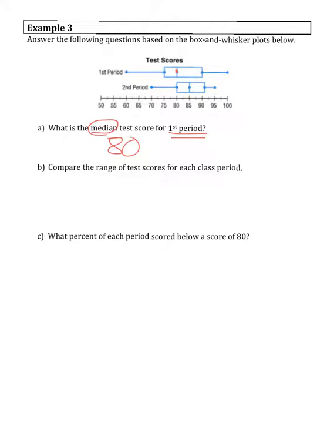Compare the range for each class period. All right, so how do you find the range? Remember, range is maximum minus minimum. So for first period, the highest test score looks to be 100. The lowest looks to be 60. 100 minus 60 is 40. For the second class period, highest minus lowest, maximum minus minimum, 25.